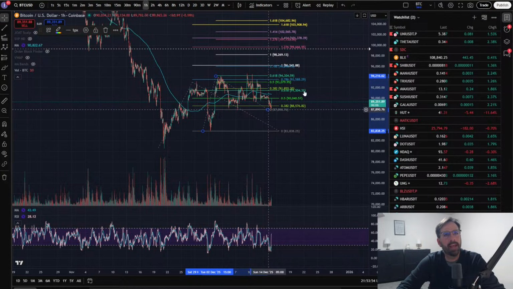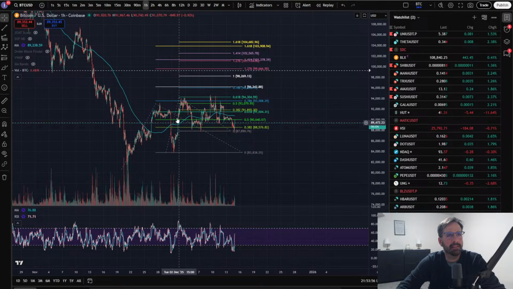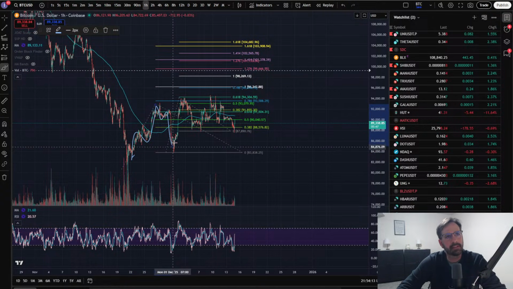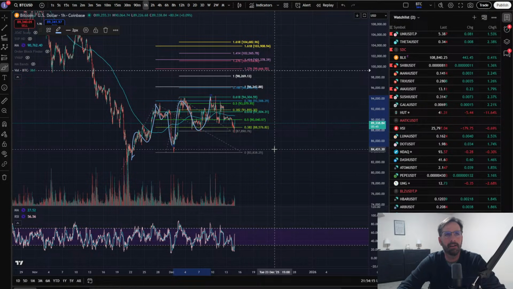My problem with that idea is that the Y wave, what you're calling the finished Y, doesn't even come to the 786 extension of the second. So in other words, if you say this is the W, there's your X, and then you call this Y right there, this Y comes to the 618.